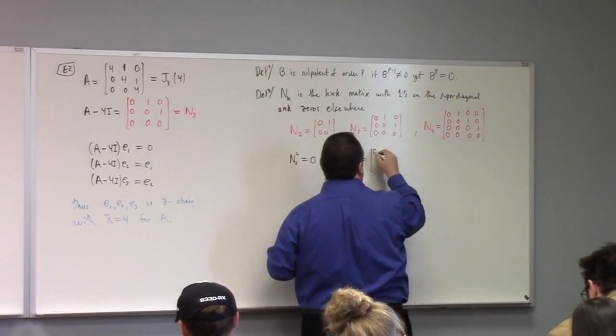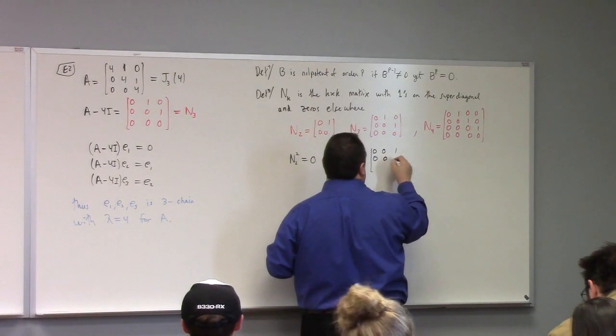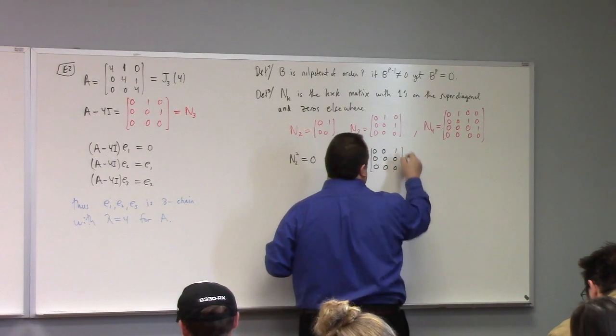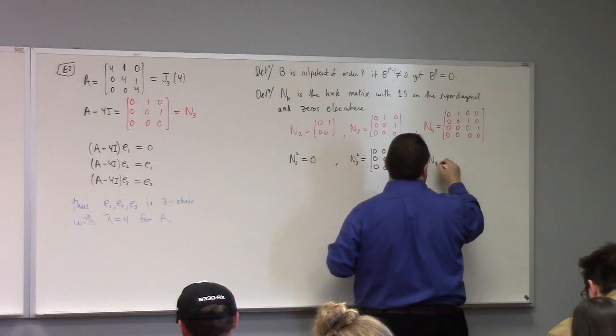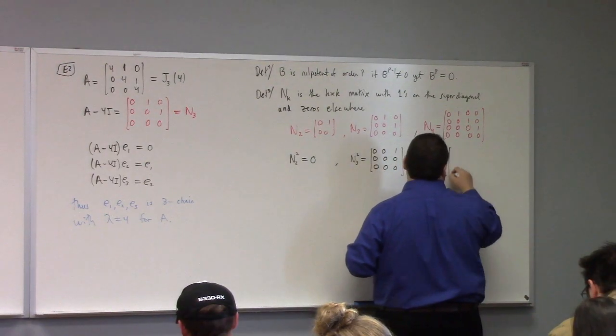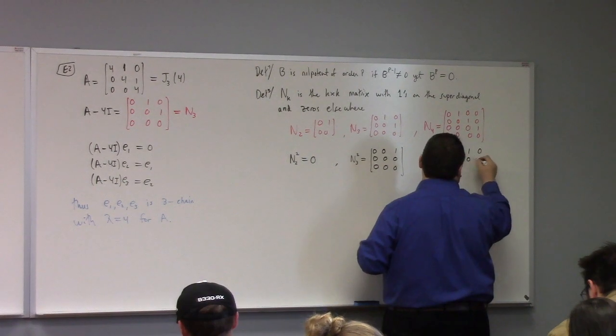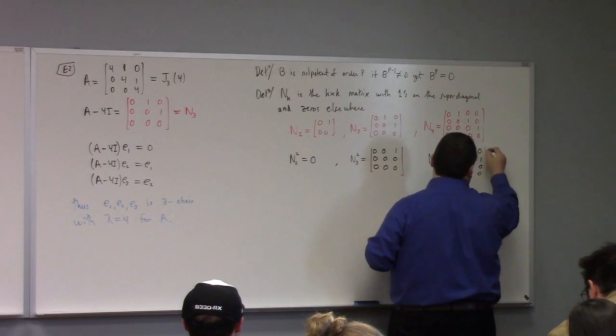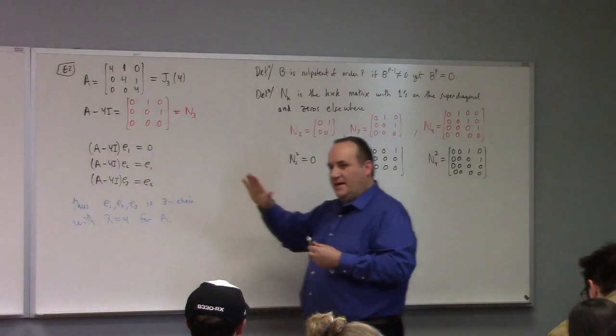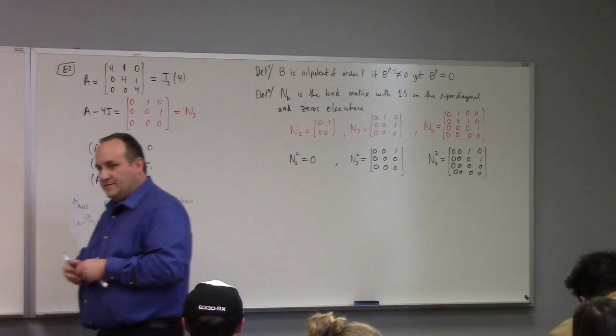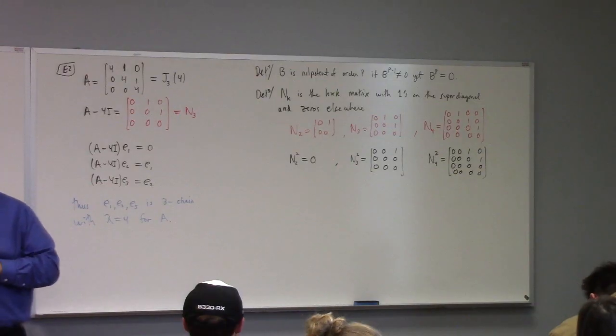So in this case, when you work it out, you get this. On the other hand, N4 squared gives you this. So it moves the band of ones up to the corner. That's the effect of multiplying it by itself.